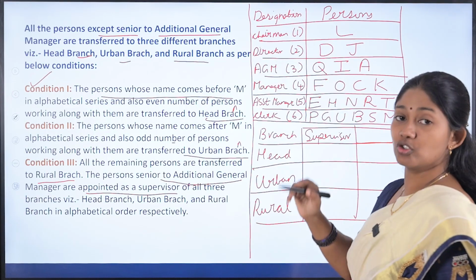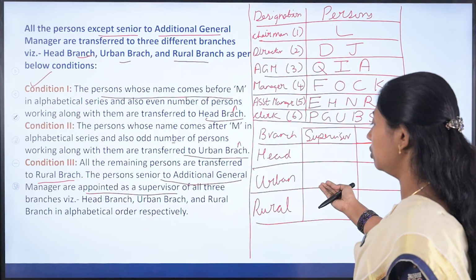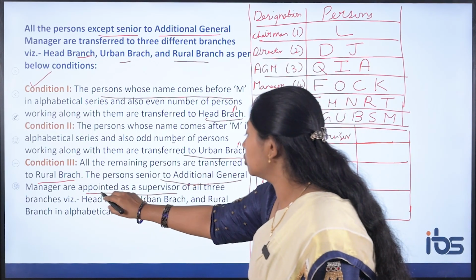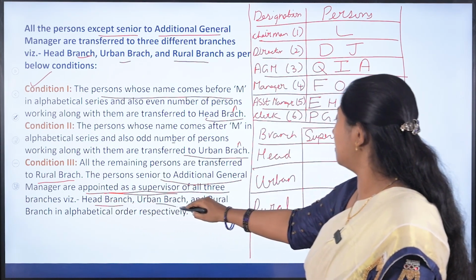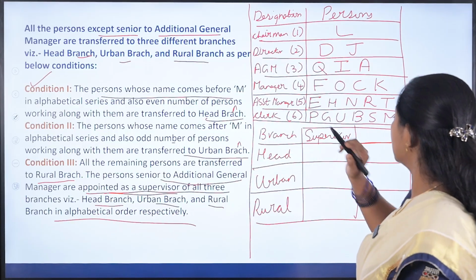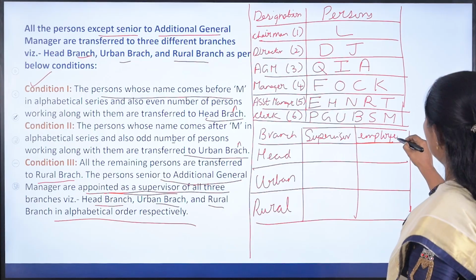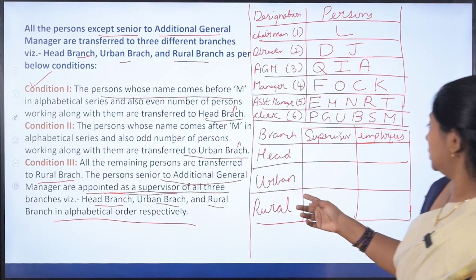They are the supervisors of head, urban and rural branches in alphabetical order respectively. So this is the other table I have mentioned here.